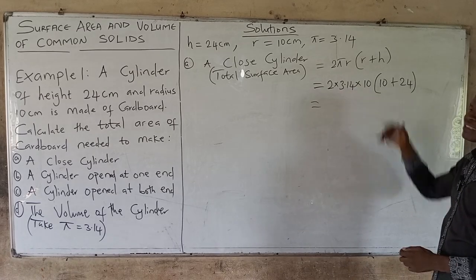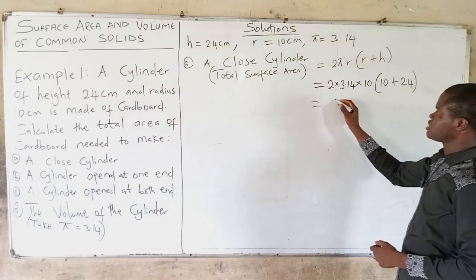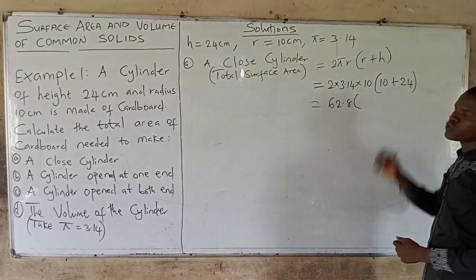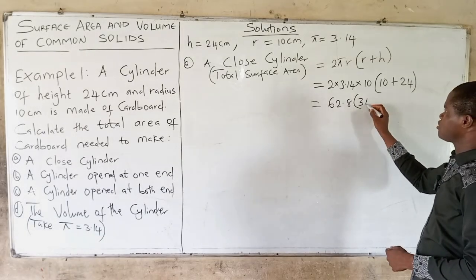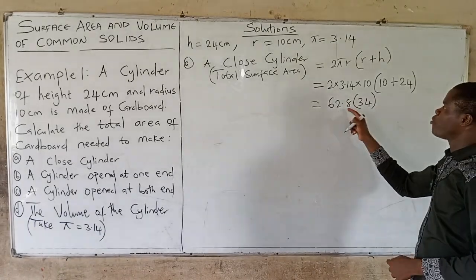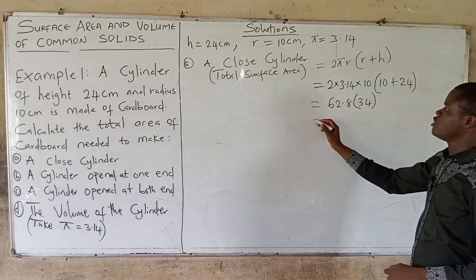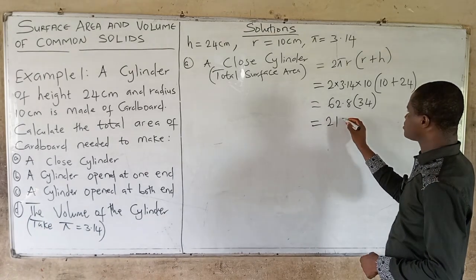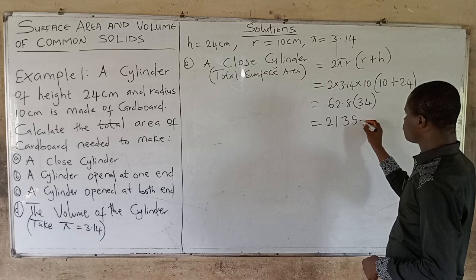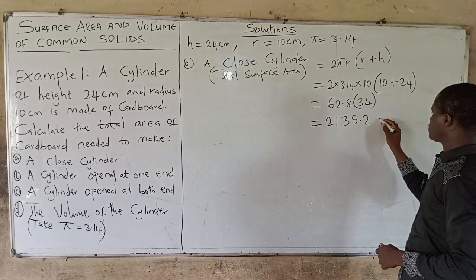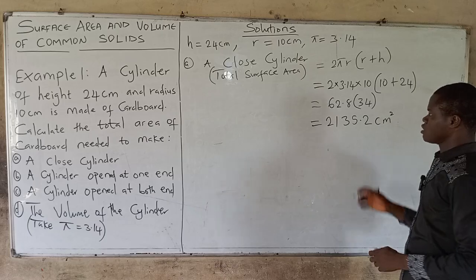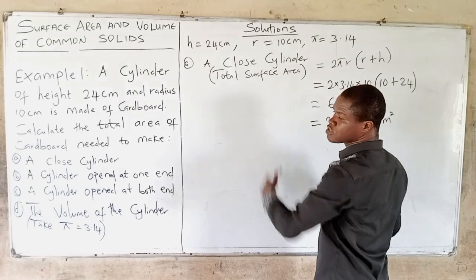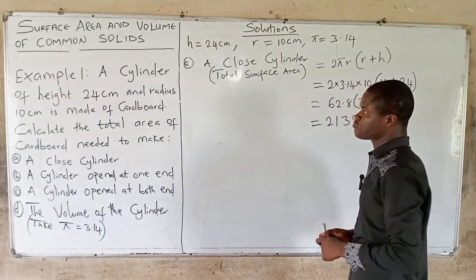And 6.28 times 10 will give us 62.8. Bracket 10 plus 24 will give us 34. So 62.8 times 34 is equal to 2135.2 centimeter square. All right, so this is the answer for the total surface area of this figure.